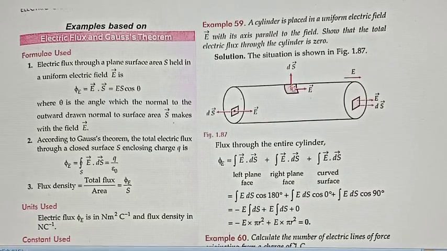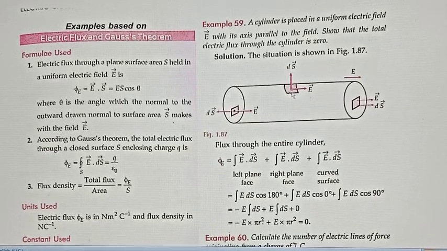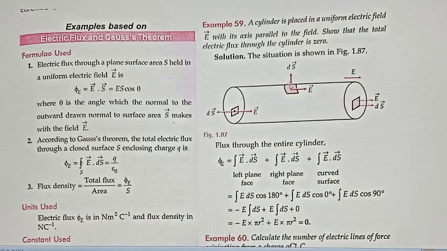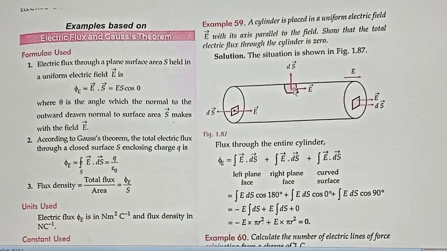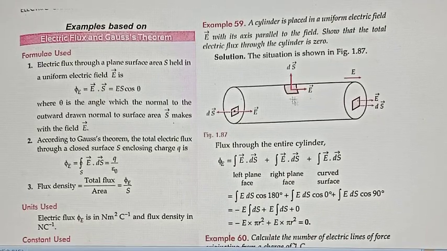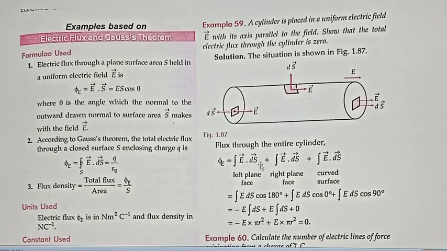Similarly, consider a very small surface on the curved surface of the cylinder. The flux linked with that small surface is E dot ds, but for the whole curved surface of the cylinder, it becomes integration E dot ds. Fine. So it is like this.